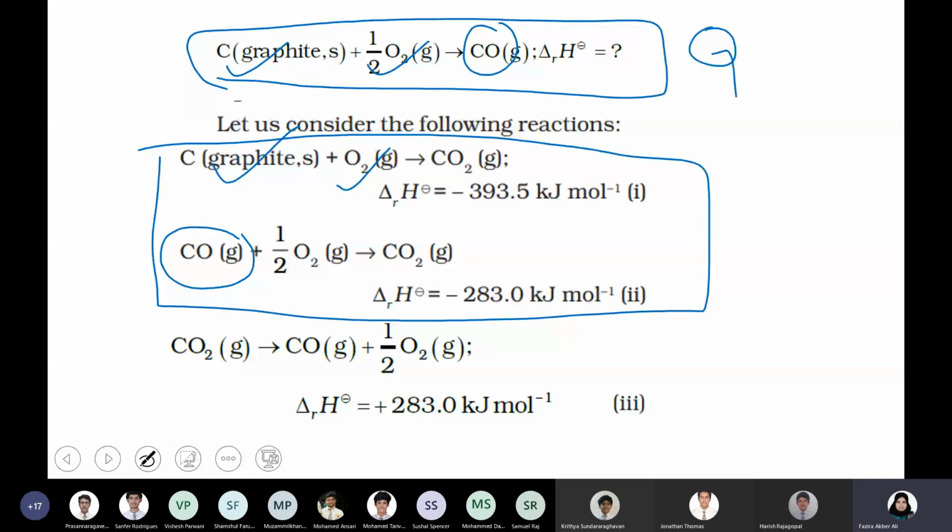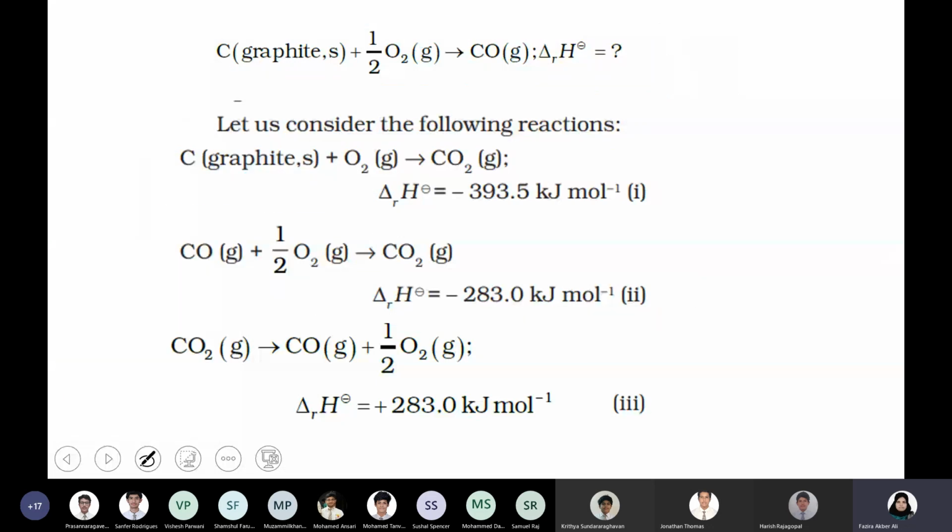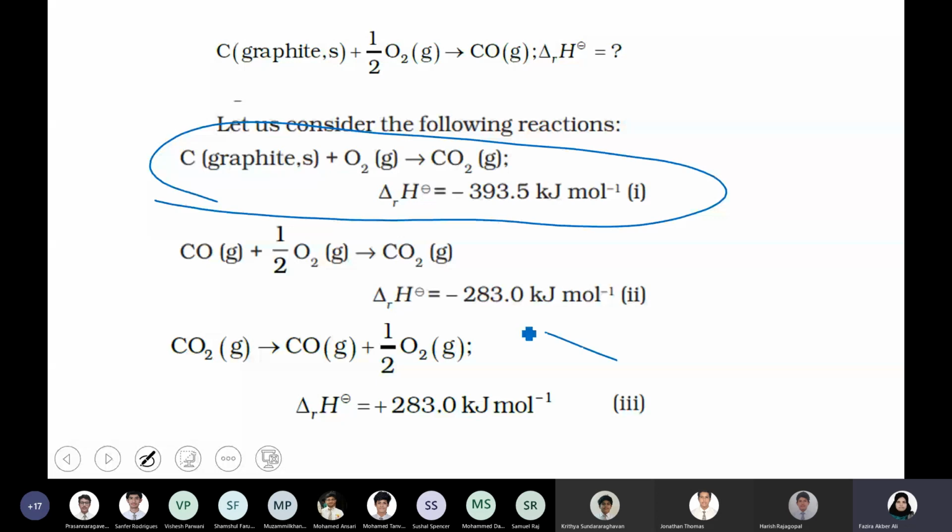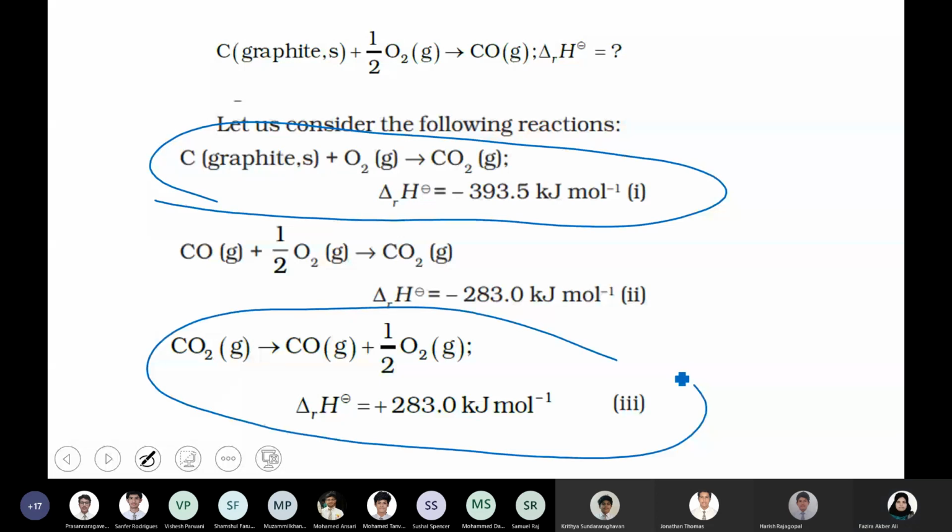So now what you need is this and this, the first and third. So the second equation is just flipped or reversed, you can say, to get equation 3.